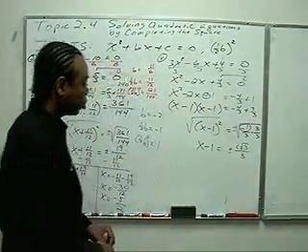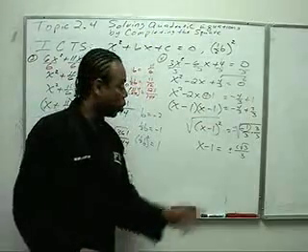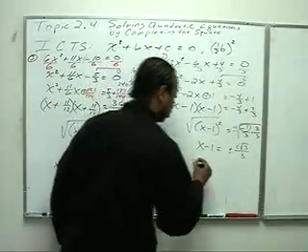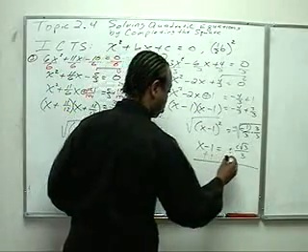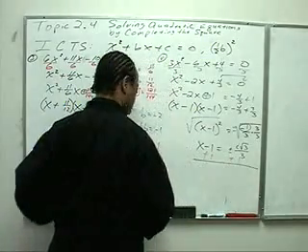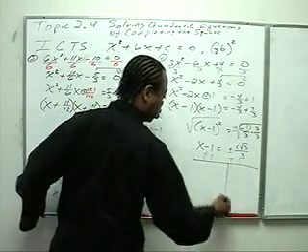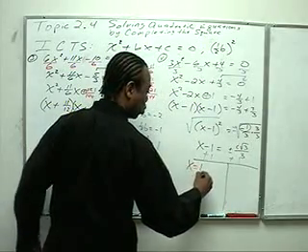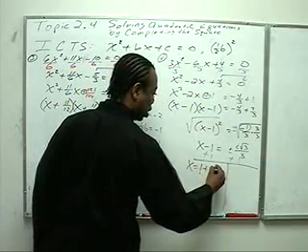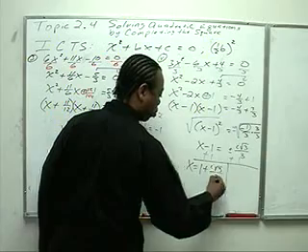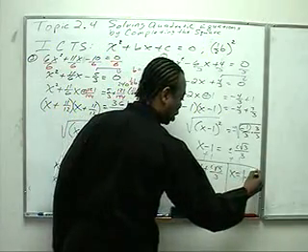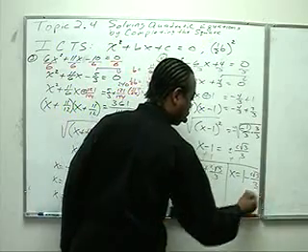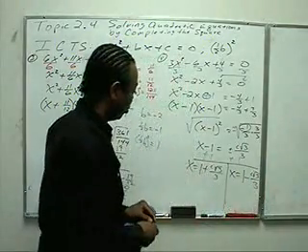Then from here, we're going to add a 1 to both sides. And the two answers that we'll get is x equals 1 plus i square root of 3 all over 3, and the other answer would be x equals 1 minus i square root of 3 all over 3.